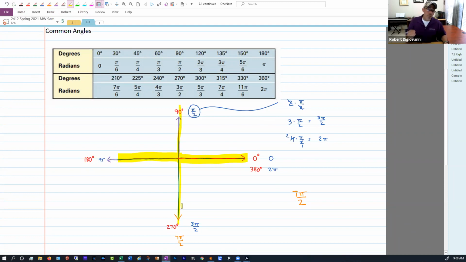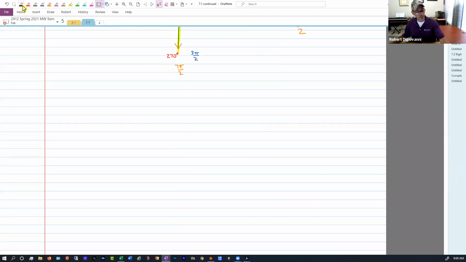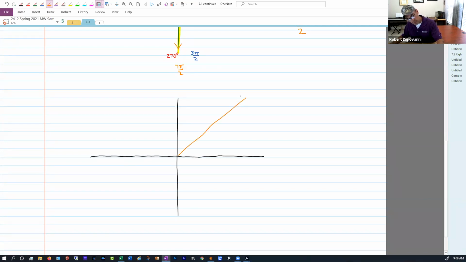The next important or common angles that we want to be familiar with, and I'm going to draw a whole new graph to do this, are the ones that are here, here, here, and here. Let's start with this first one right here.